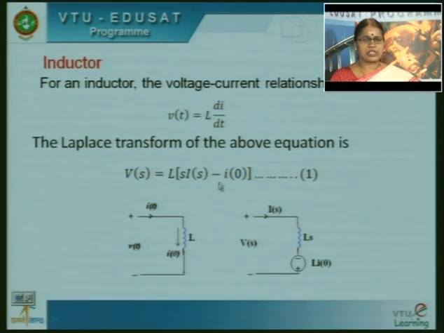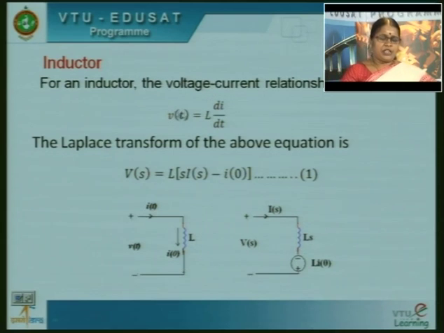So, if I write the circuit in time domain, V of t is the supply voltage, I of t is the current flowing through the inductor, L is the value of inductor, I at 0 is the initial value of current flowing through the inductor.